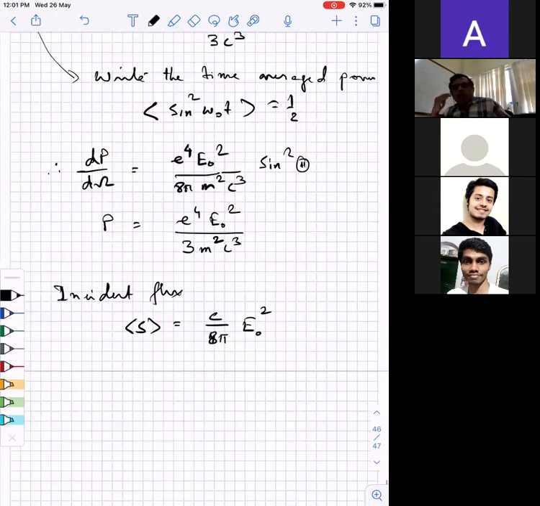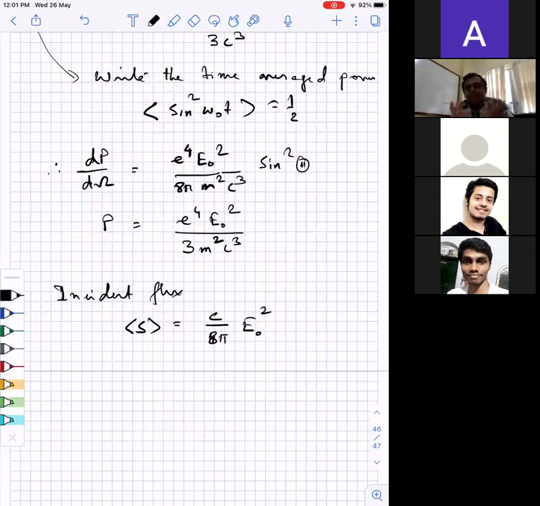Now, the way I define a cross section is that you have some incident flux, and the cross section of scattering takes this incident flux and, by multiplying by this cross section, gives you the outgoing flux. That's the basic definition of cross section, right? If you have some particles coming in, some incident flux coming in, this entity has some property such that this thing hits you and it goes somewhere else.